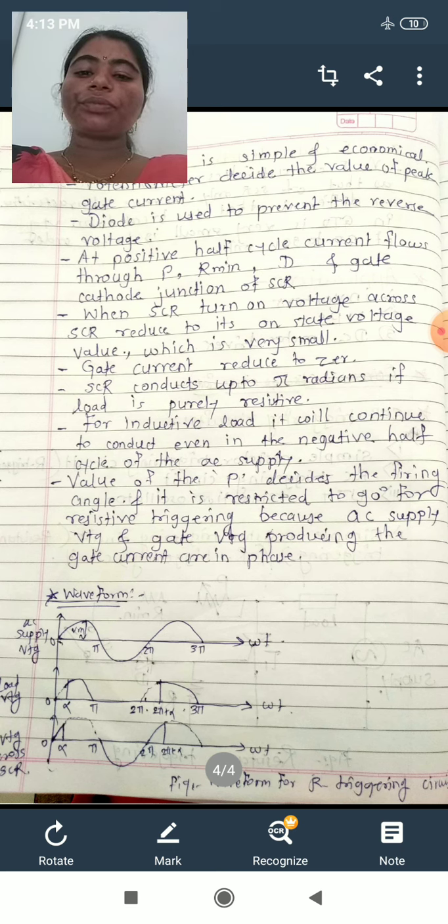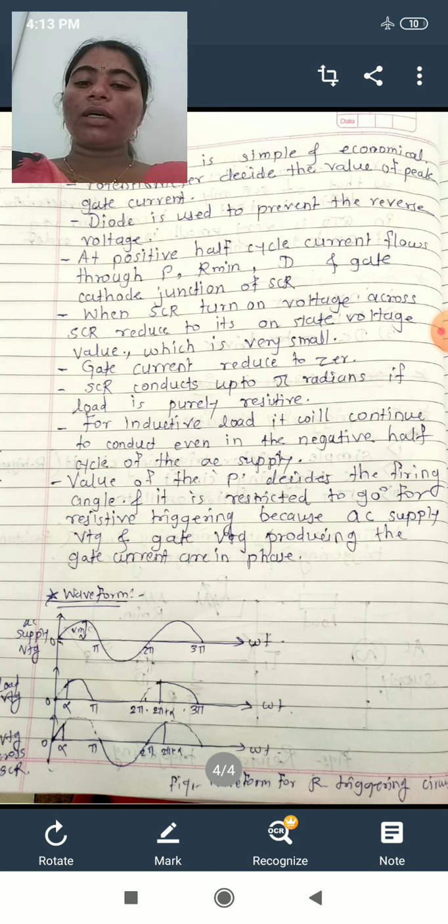Now the value of the potentiometer decides the firing angle, and the firing angle for the resistive triggering circuit is restricted to 90 degrees because the AC supply voltage and the gate voltage producing the gate current are in phase. Due to this the firing angle is restricted up to 90 degrees only. The firing angle is denoted by alpha, and firing angle is nothing but the angle at which the SCR is turned on.